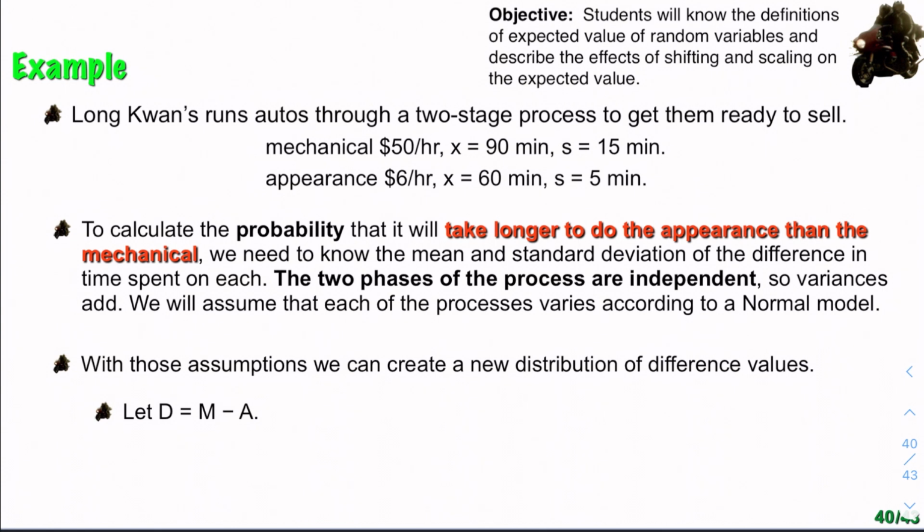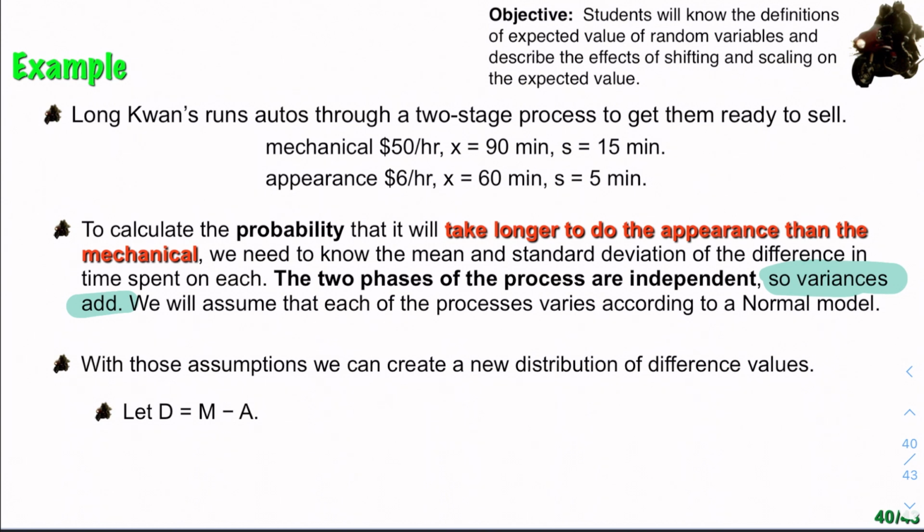The two phases of the process are independent, so the variances add. Variances always add, even if we're subtracting. We'll subtract the expected values, but because of the squaring operation, everything becomes positive. Hence, we add them. With those assumptions, we can create a new distribution.